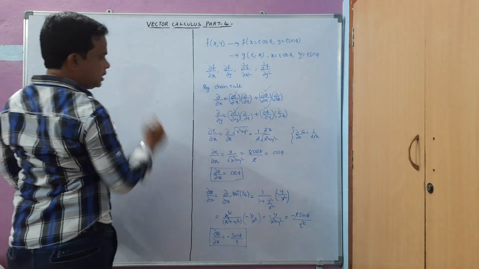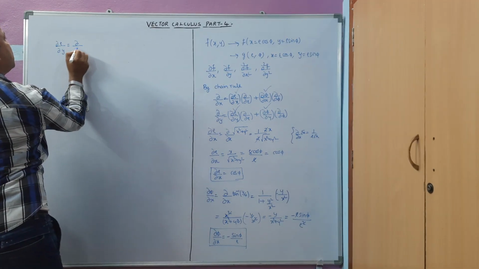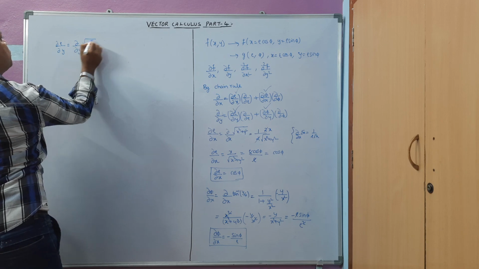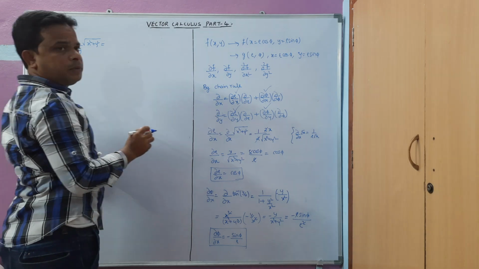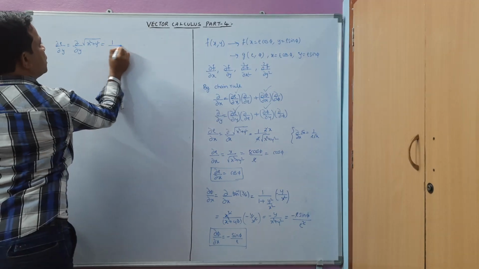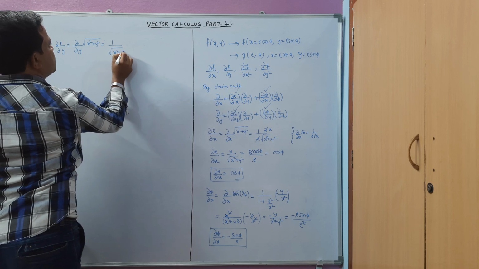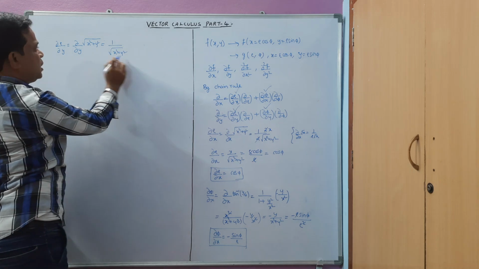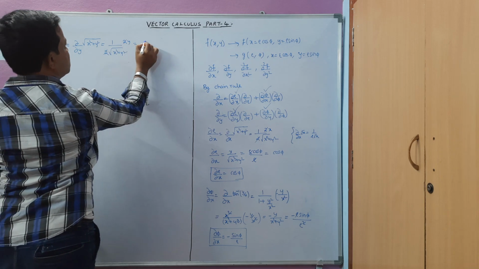So what is rho actually? We know that rho is equal to square root of x square plus y square, so dou by dou y of square root of x square plus y square will be equal to 1 by square root of x square plus y square. Here with respect to y means I have to write 2y by 2 here. Okay, this 2 will cancel here.